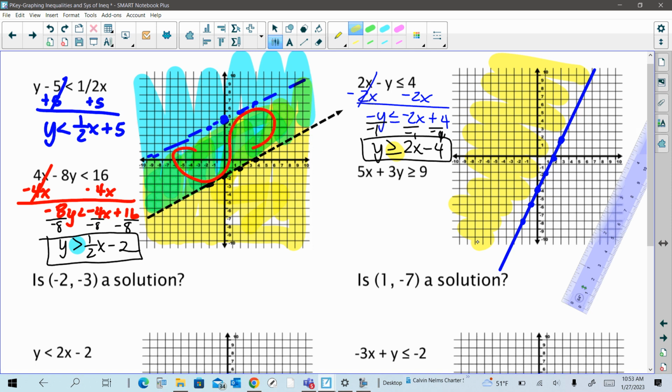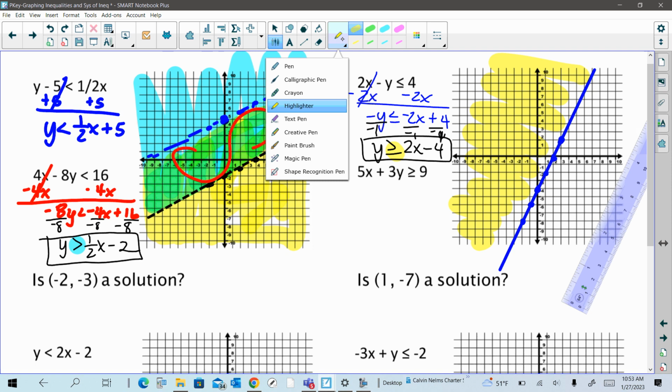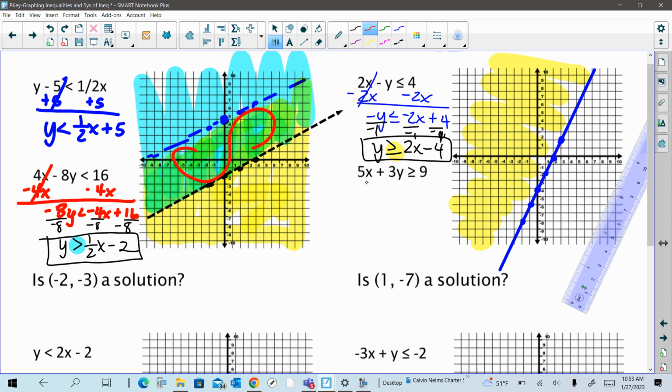All right, now we're going to do the second line. What we need to do for the second line? Minus 5x. That's going to leave you 3y is greater than or equal to negative 5x plus 9.